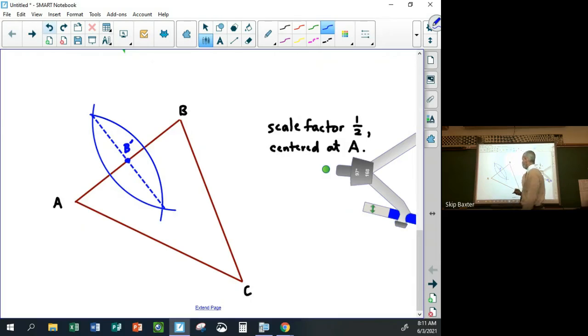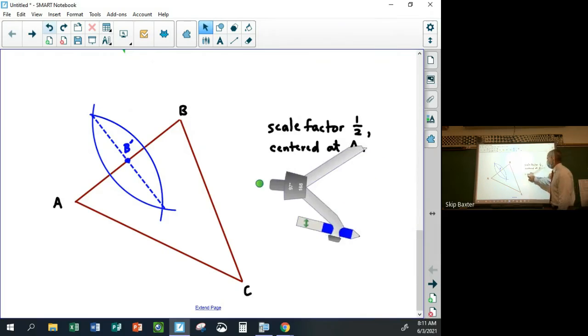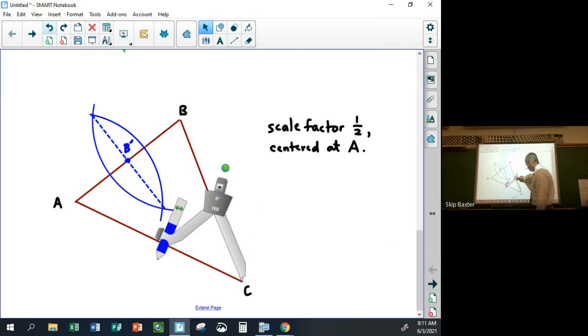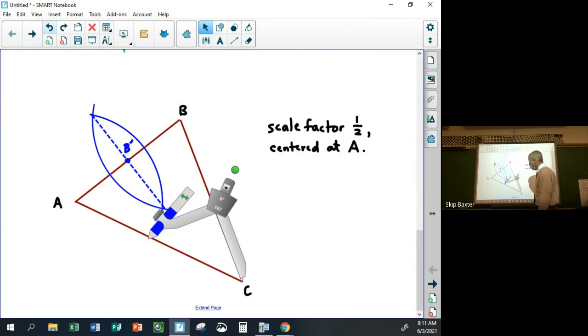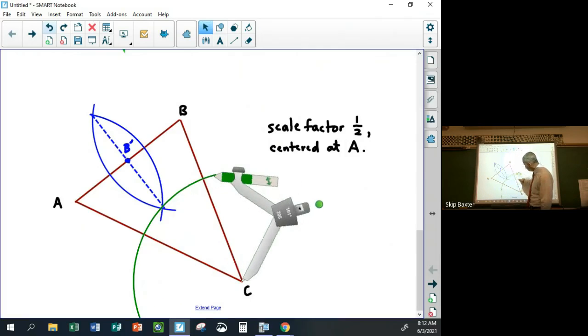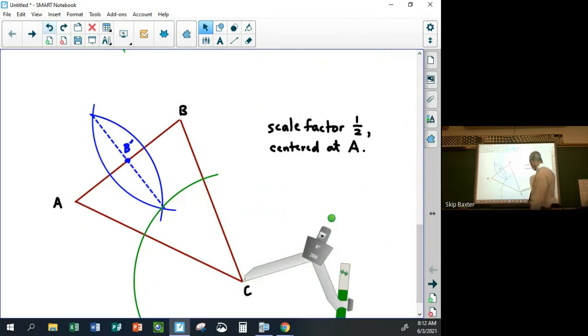Prime. And then I just have to do the same thing to segment AC. I'm going to open my compass more than halfway. I'll do this side in green. And make an arc, more than halfway. Flip the compass around, go to the other side.